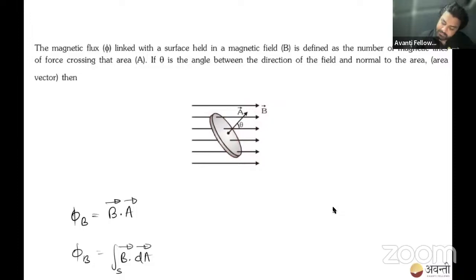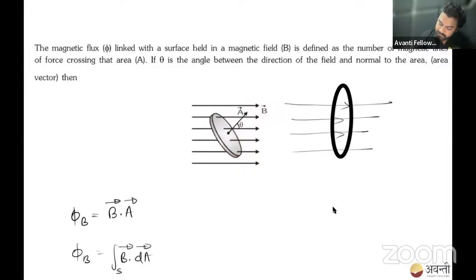Let us say there is some area which has its area vector perpendicular to the magnetic field lines. Let's say the area of this disk is A and the magnetic field intensity is B vector. I can see the area vector of this area is almost parallel to the magnetic field line.